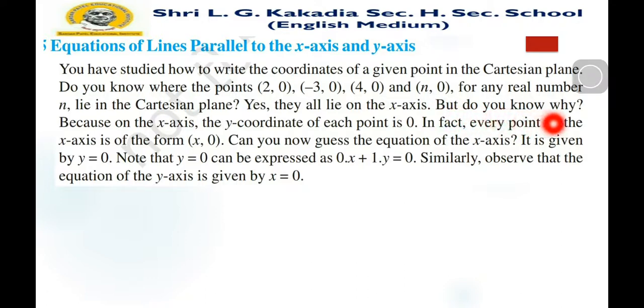But do you know why? Because on the x-axis the y coordinate of each point is 0. In fact, every point on the x-axis is of the form x, 0.